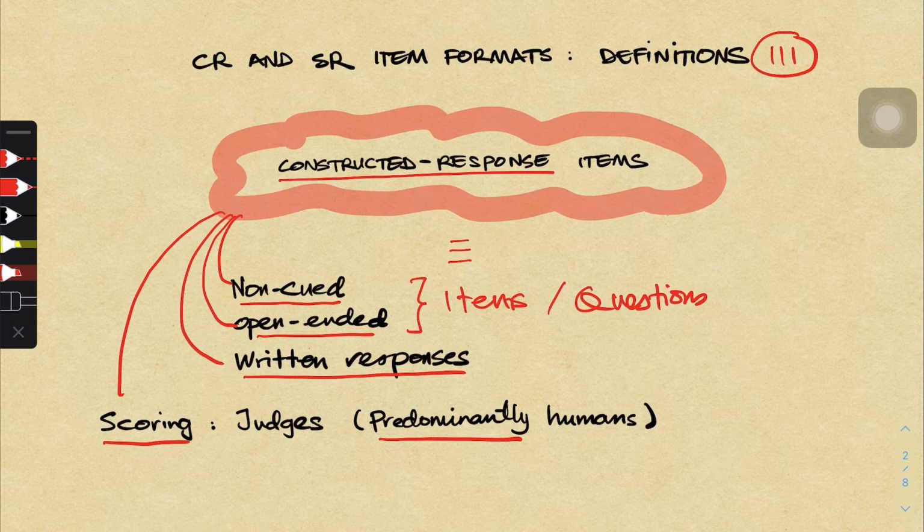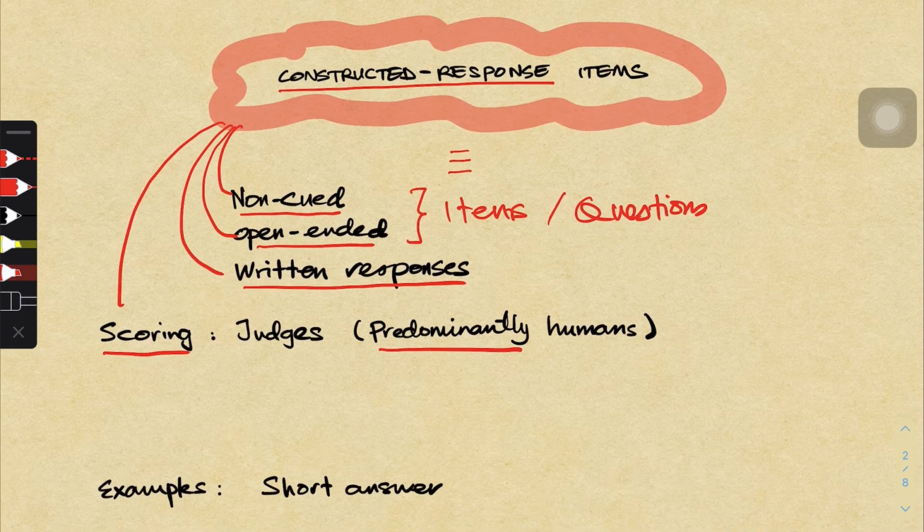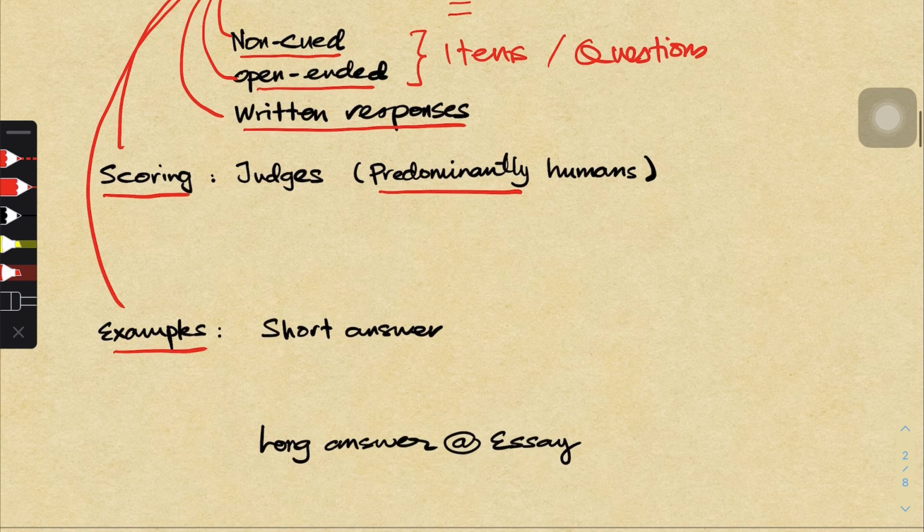Now we say predominantly because apparently nowadays people are starting to use computers to score even subjective written essay questions. It talks about examples here: short answer questions and long answer questions, also known as the essay questions.